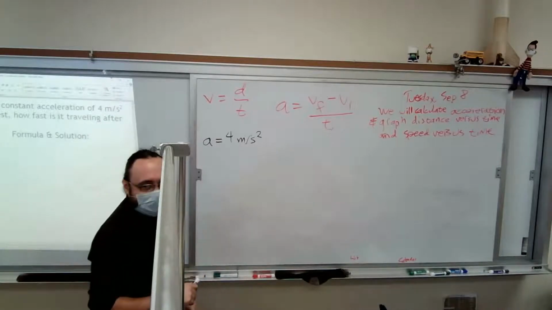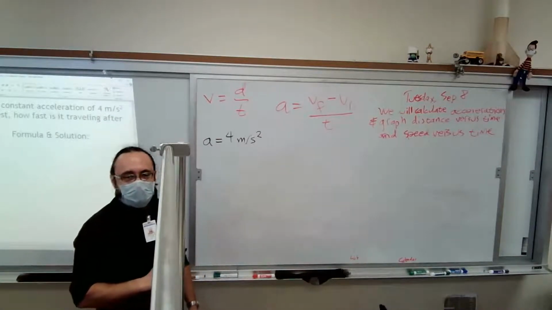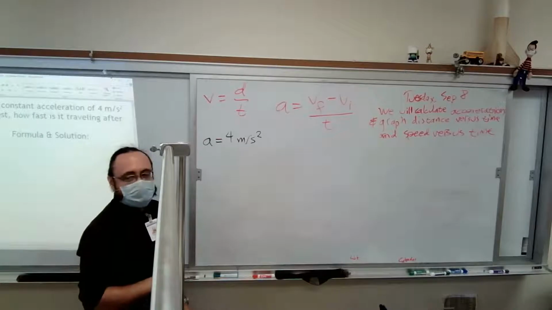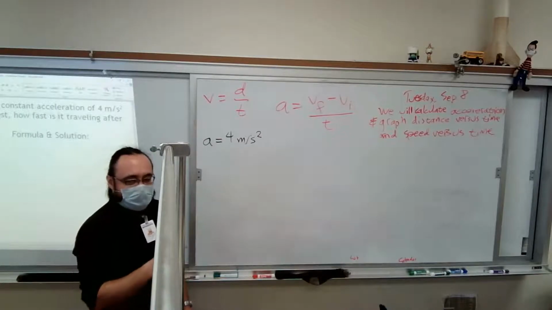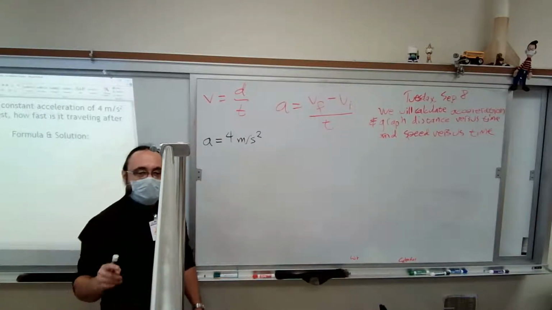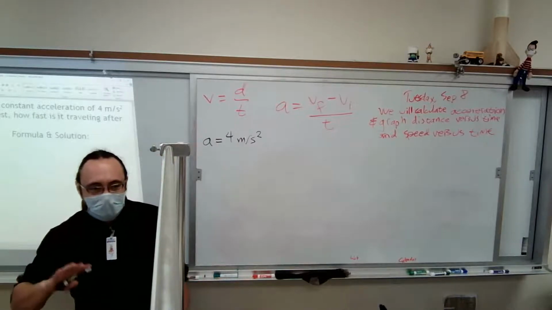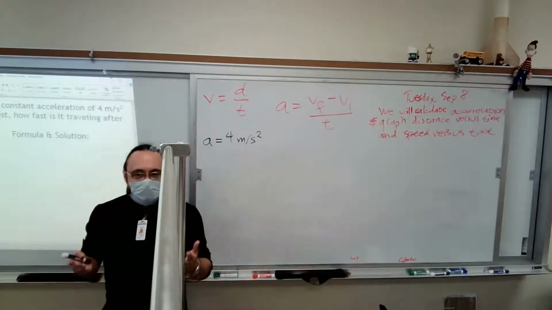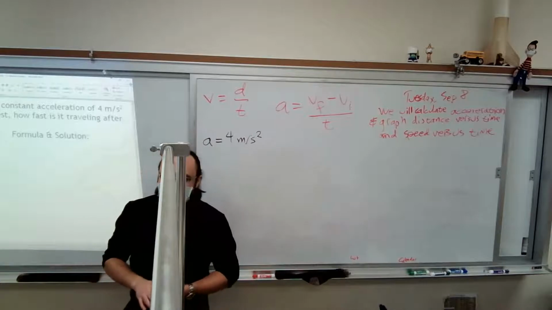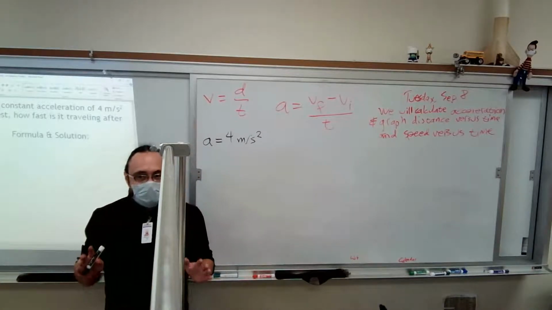And okay, acceleration of 4 and starts from rest. What's that mean? Which one is 0? We got two different velocities now. VI. That's VI, it's the initial one. You know the difference between VI and VF is you look at where the words from and to are. It doesn't always give them in order, so you have to read carefully.